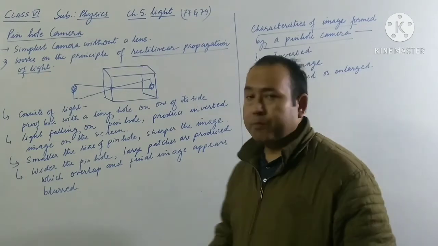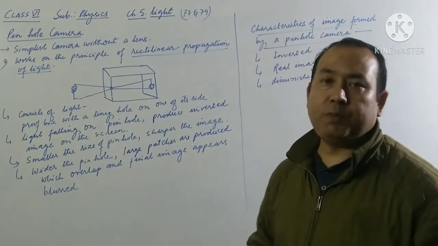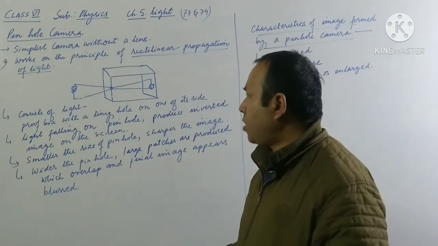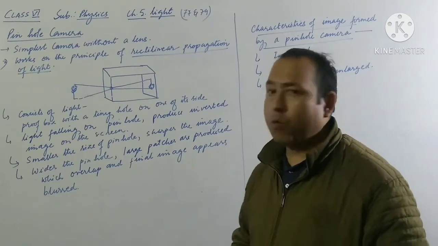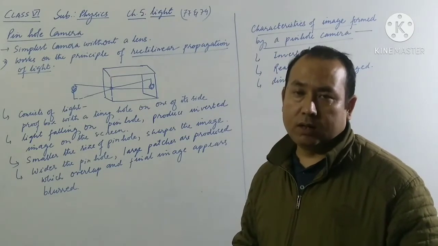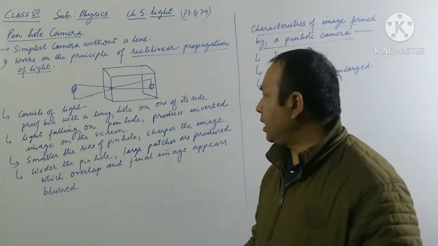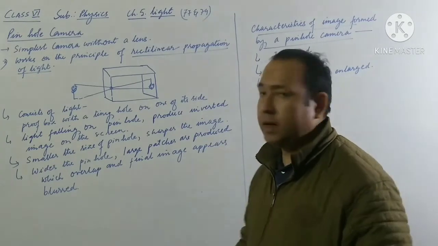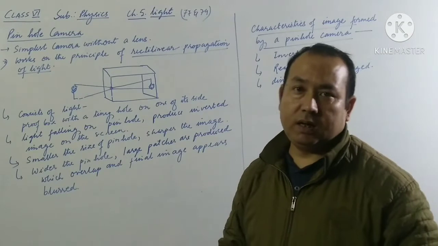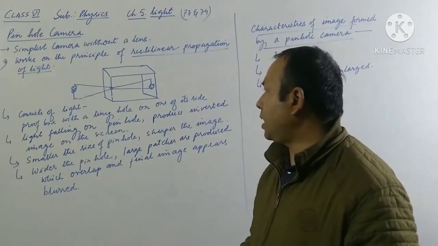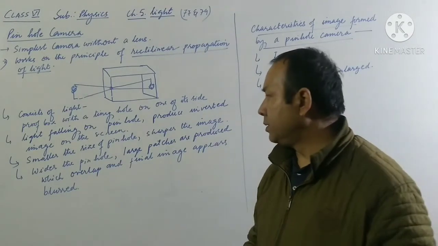Okay, then if you talk about the parts of this pinhole camera, it consists of a box which is light proof, and then on one of its sides a hole is present. A tiny hole is present, and just behind this tiny hole the screen is present, on which the image is formed.